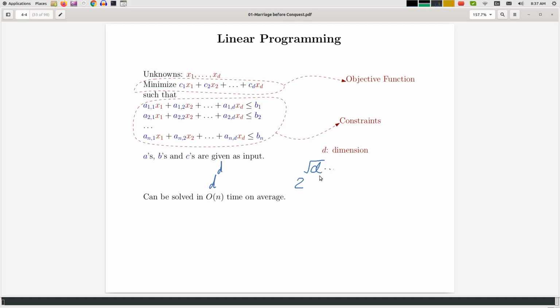So in general, even though this constant is much smaller than that constant, it's still not polynomial in the dimension d, and that's one of the biggest open problems in computational geometry. Note that we're going to solve this in the real RAM model, where we assume that all the inputs are real numbers. So for example, they could be floating points.